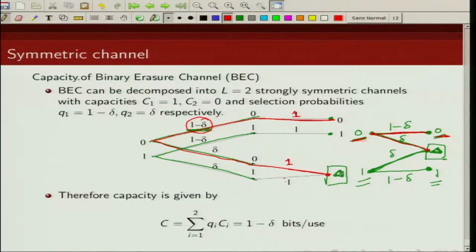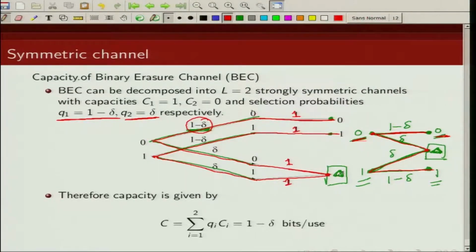And likewise, from 1 to the erase state, again this probability is delta, so delta times this should be delta. So this probability is 1. And similarly, from 1 to this output, the probability is 1 minus delta, so since the selection probability is 1 minus delta, this has to be probability 1. Okay. So now my selection probability for the first set of channels Q1 is 1 minus delta, and the selection probability for the second set of channels is delta.